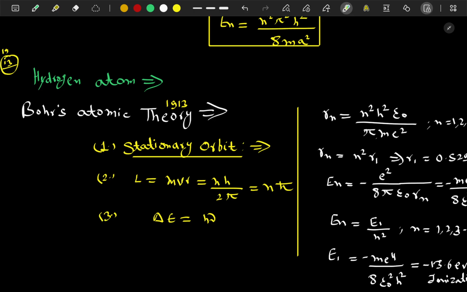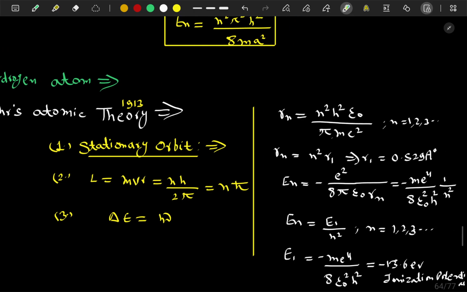So when you solve this, what will we get? r_n equals n square h square epsilon naught upon pi m e square, where n is 1, 2, 3. So r_n equals n square r1, and r1 is 0.529 angstrom, which we call the ground state radius.